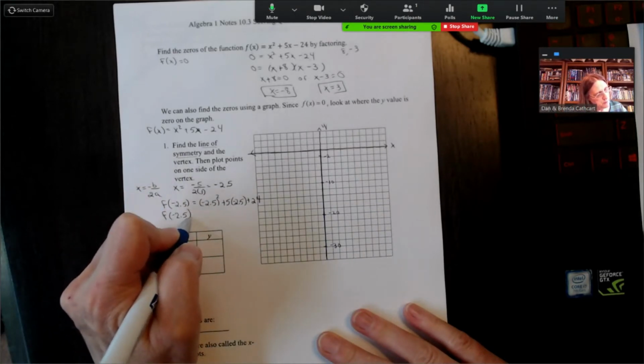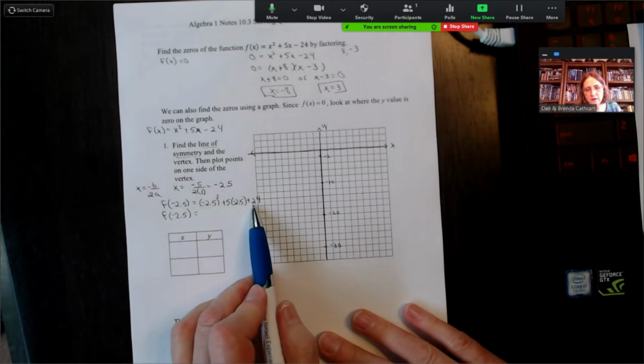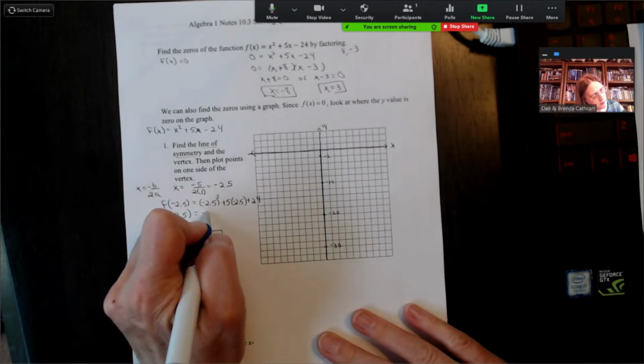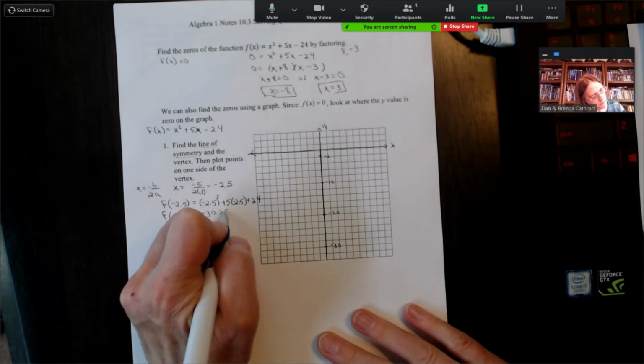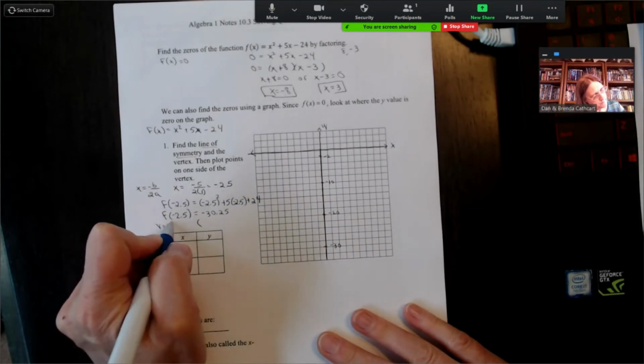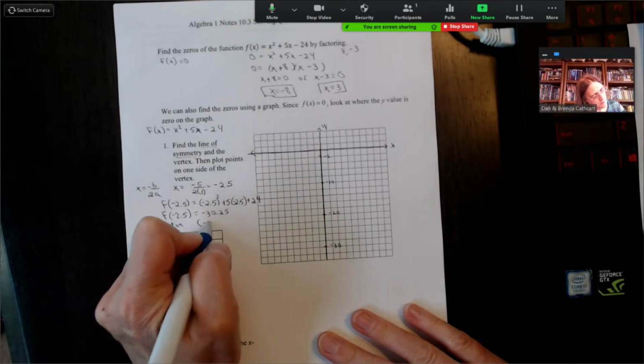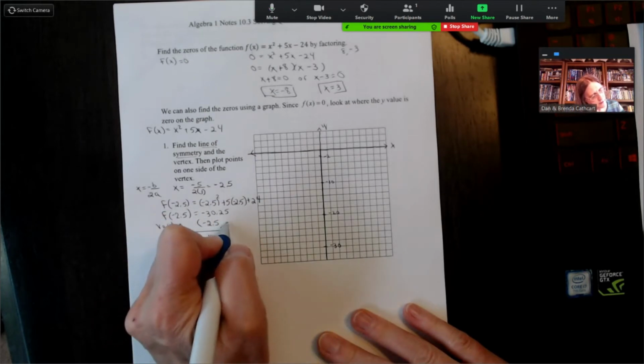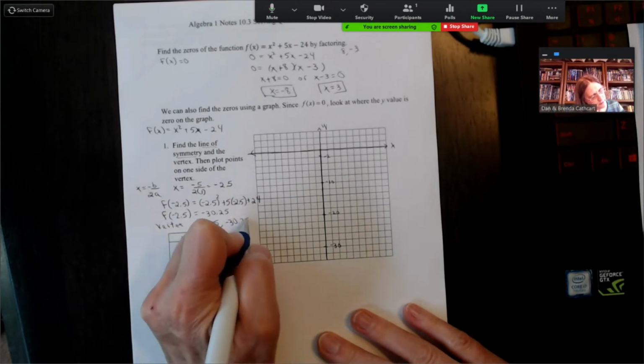Do a little math with that. We evaluate this on our calculator. We get negative 30.25. So our vertex is the ordered pair, negative 2.5, negative 30.25.